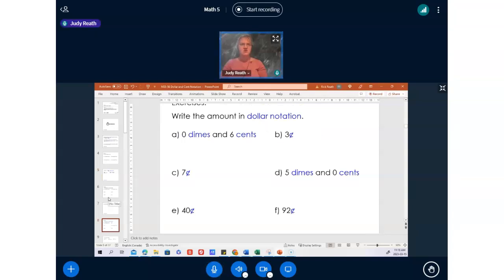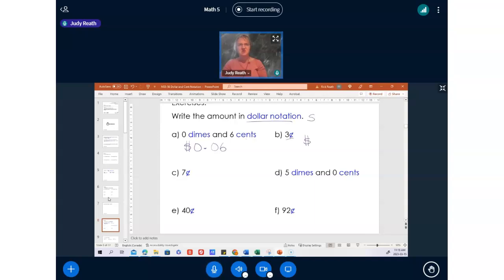Here they're asking us to write the amount in dollar notation. If we have 0 dimes and 6 cents, dollar notation, so we'll start with the dollar sign. We have $0, 0 dimes, and just 6 cents would be like this. If we have 3 cents, very similar, dollar sign at the very beginning.